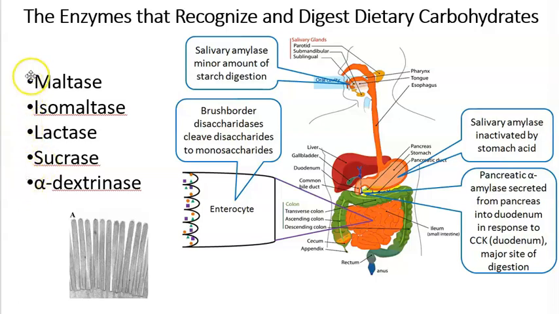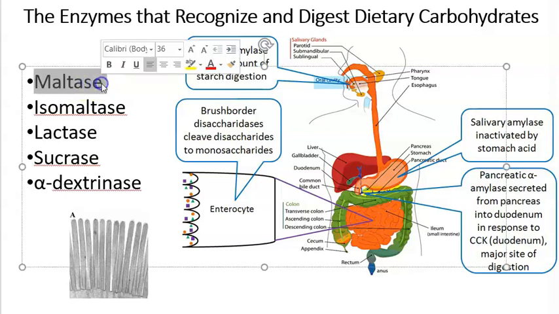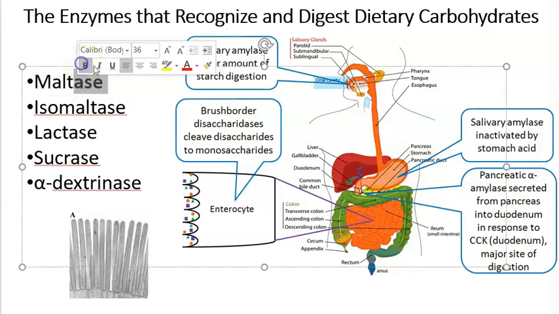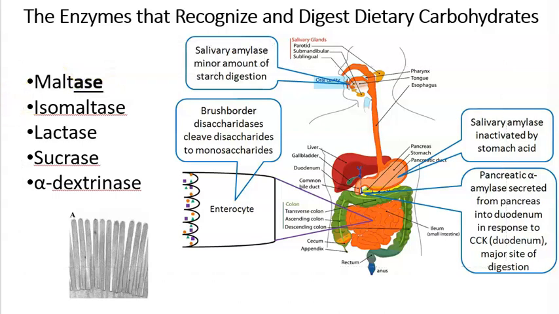You notice that they are named after the sugar that they are able to interact with. And this ASE ending is going to dictate that it is an enzyme. So make sure that you recognize that the ASE ending is suggestive that that component is an enzyme.